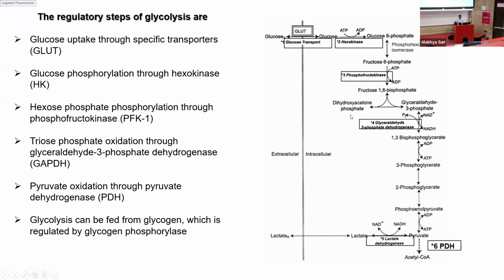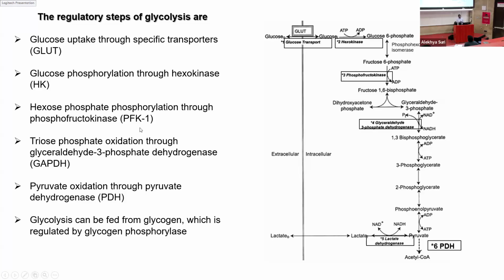Most of these enzymes are allosteric enzymes. So depending on the substrate levels, these enzymes will get activated, and thereby it will enhance the activity of this entire glycolytic pathway.